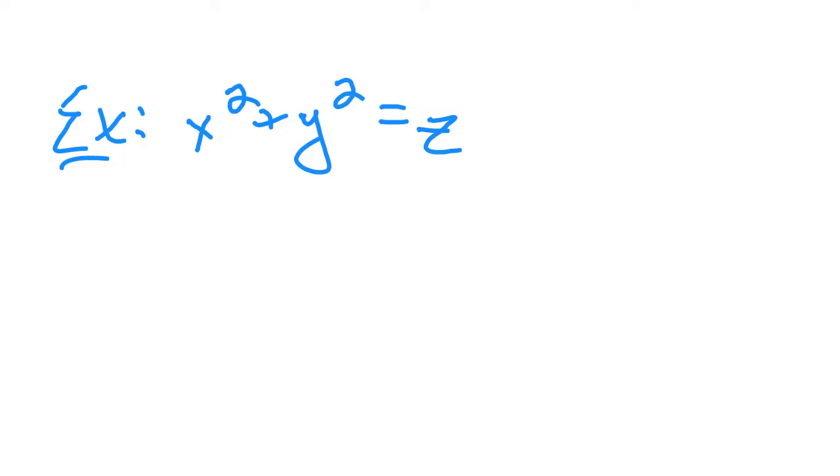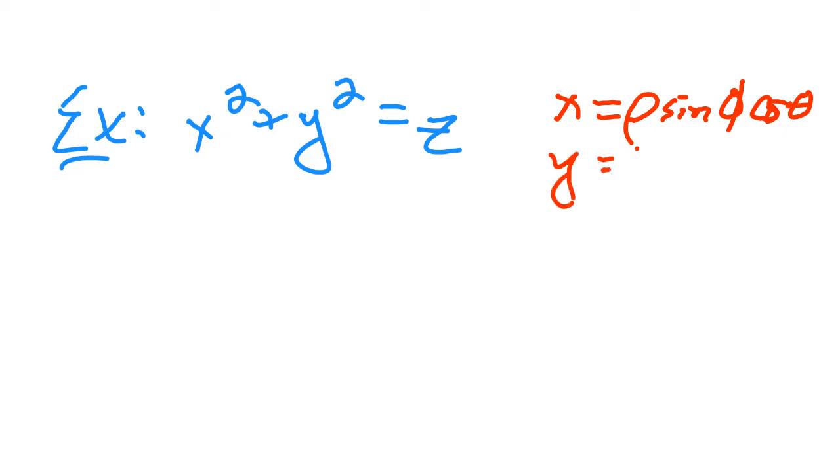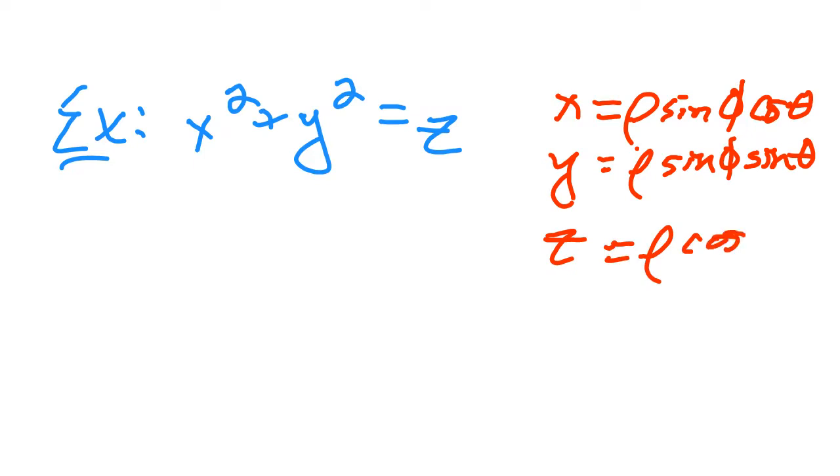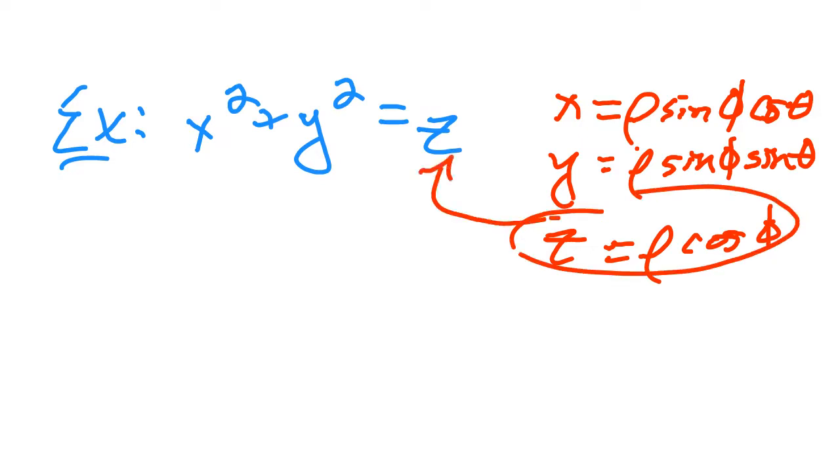And if you remember, the equations we had were x equals rho sine phi cosine theta, and then y is rho sine phi sine theta, and we have z equals rho cosine phi, right? So obviously that one's pretty easy to just plug in right here, correct?